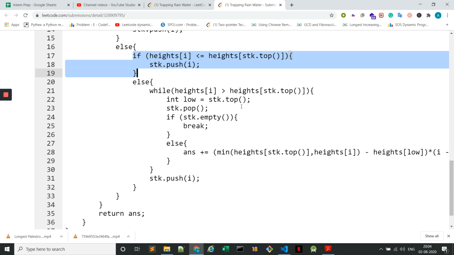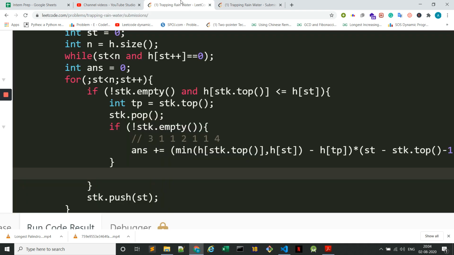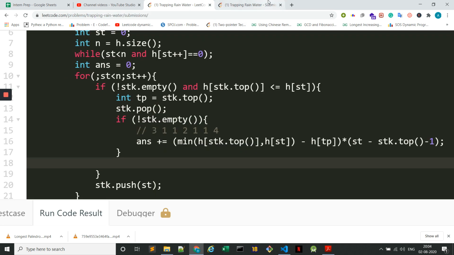Low, we have the low. Yeah, see, even they have done this. If the stack becomes empty, then they will break. So we are doing the same thing.